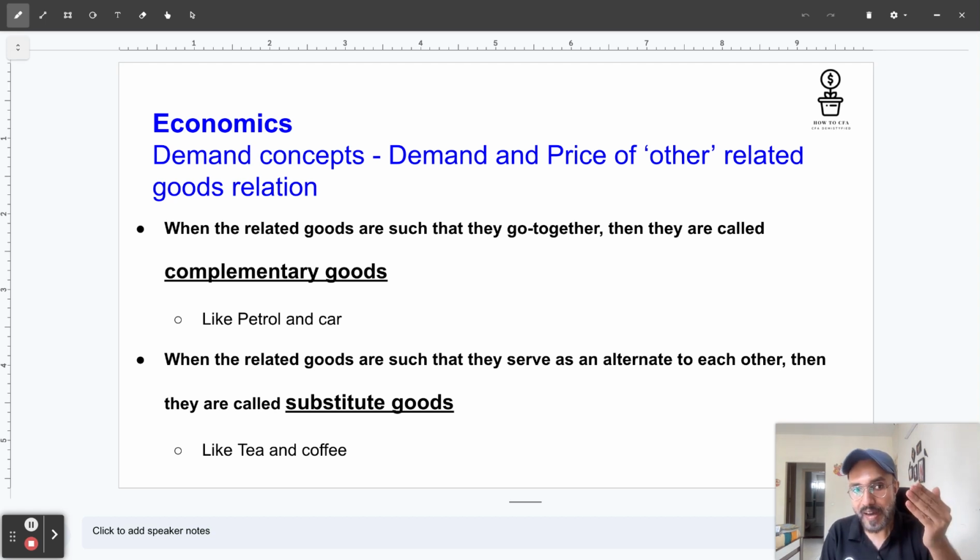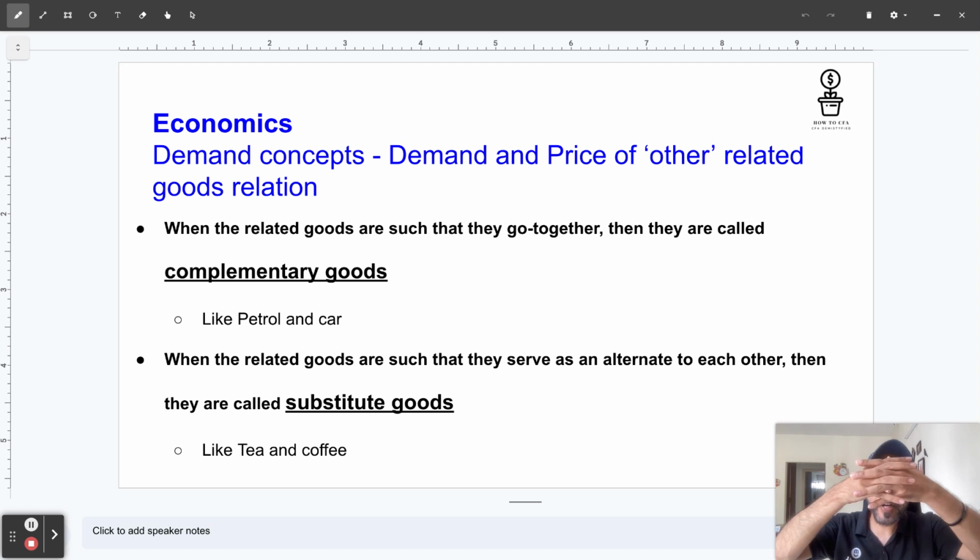The demand for cars would definitely go down, because petrol and car are directly related to each other, which means they go hand in hand. You can't just have a car and run it on water or air. You need to have a car and then run it on fuel. So if the fuel prices go up, and these goods are related to each other, hand in hand, like car and petrol, then the demand for the car should go down, right?